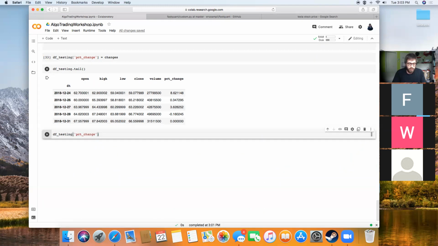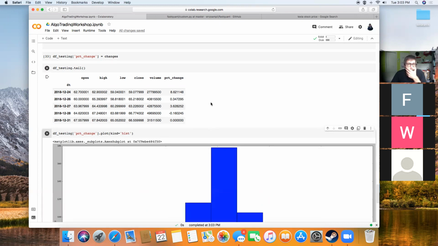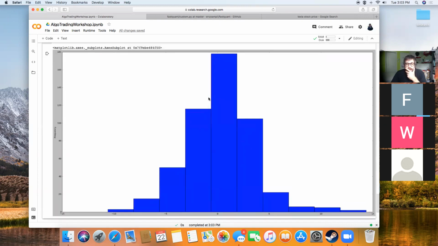So if I just use this column and do a plot here with the kind being histogram. Okay, so this is our percentage change. This is the frequency, and this is the actual percentage change. So there's a lot of 0% change or almost 0. And it goes maximum to around -10 or maybe -15 and to 15.